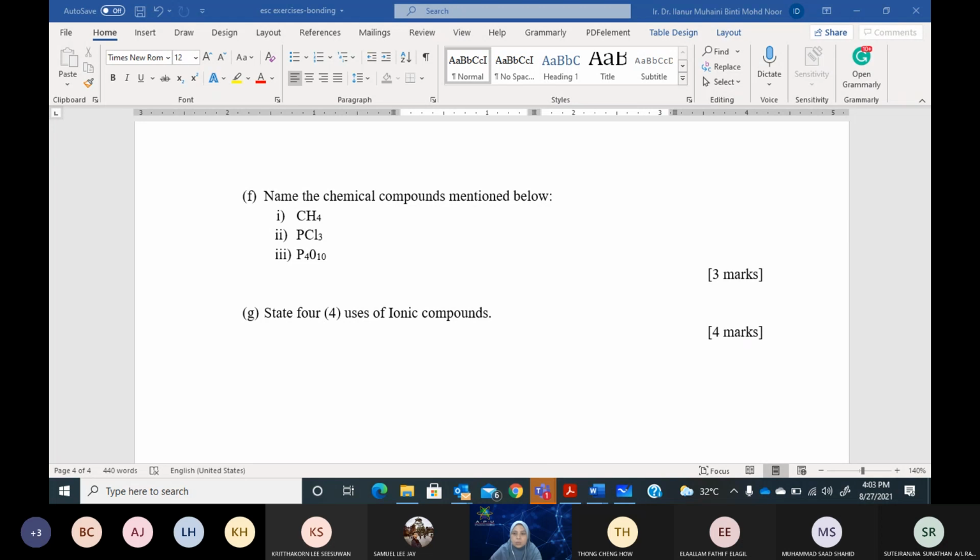To produce salt. Okay, can? No need to produce, salt only is enough. Any other answer? Baking soda. Baking soda to do what? You can write baking soda, enough.